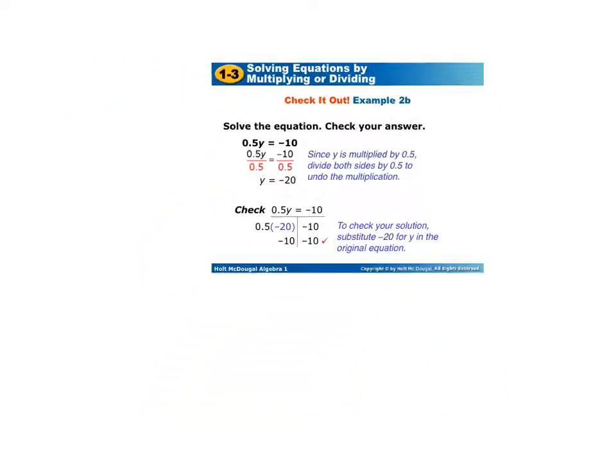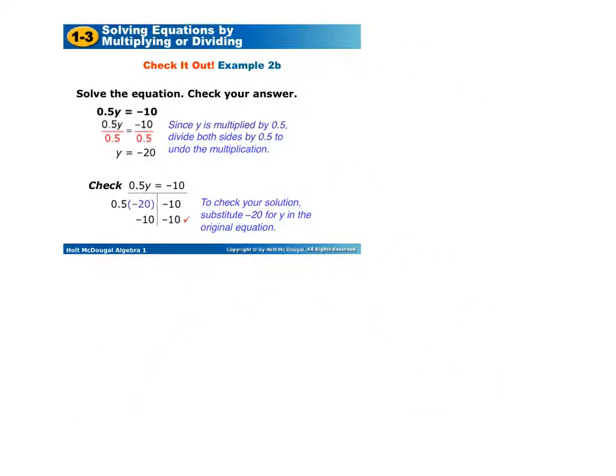All right. Here's one they're changing it up a little. Now the decimal is going to be outside of our division box. So we have 0.5y is equal to -10. I'm going to divide both sides by what? Okay, good. Then the 0.5, and it's positive.